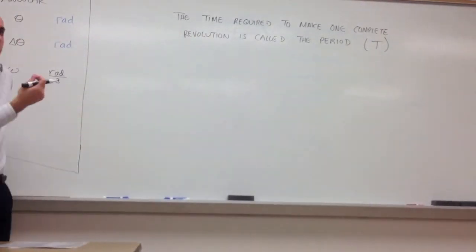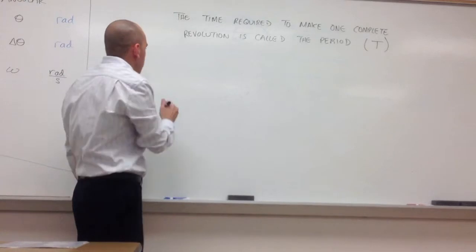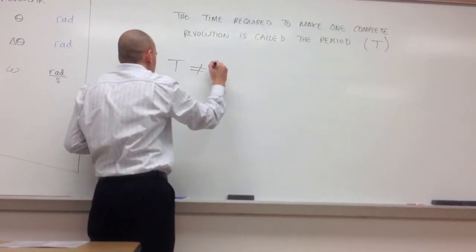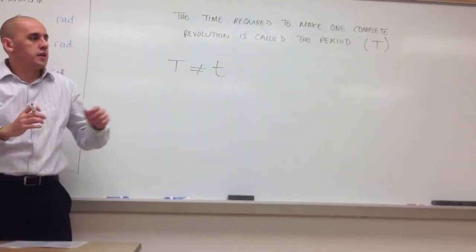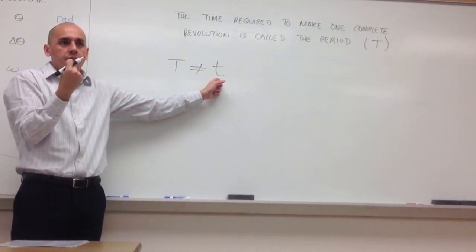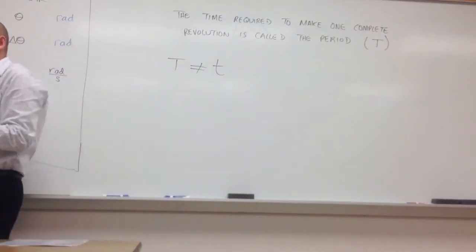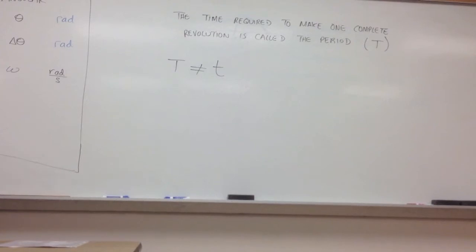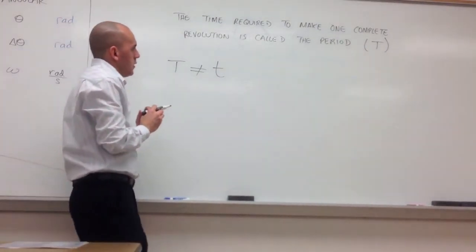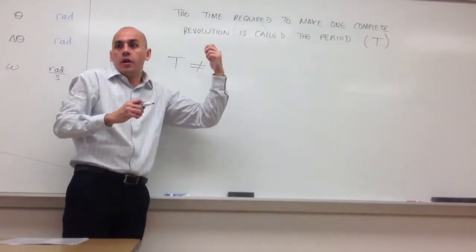Be very clear with your notation now, because capital T is not the same thing as little t. Little t means some time in general. Capital T means the period. This is just the time it takes to make one complete revolution.